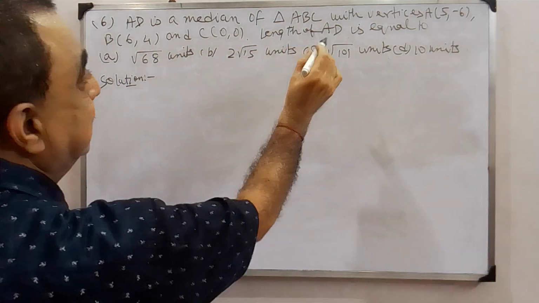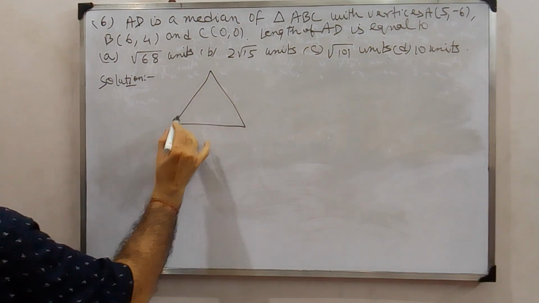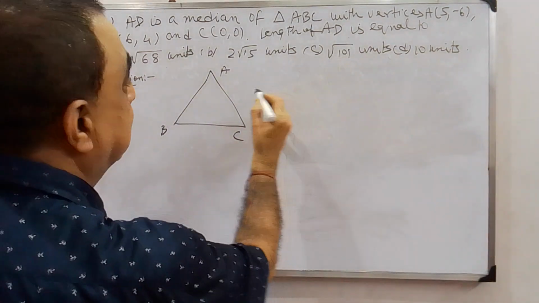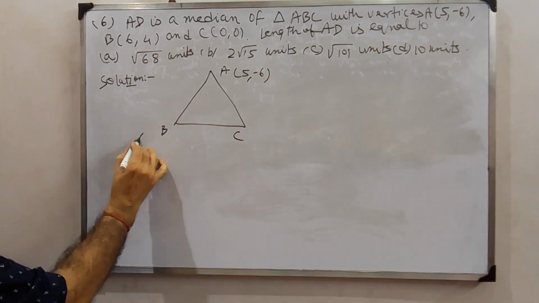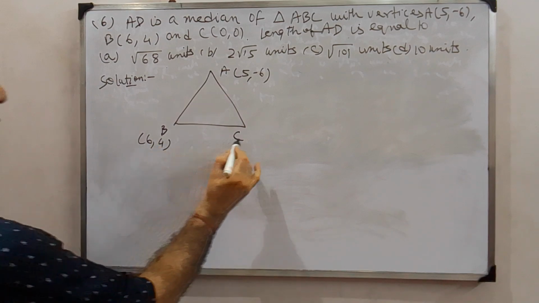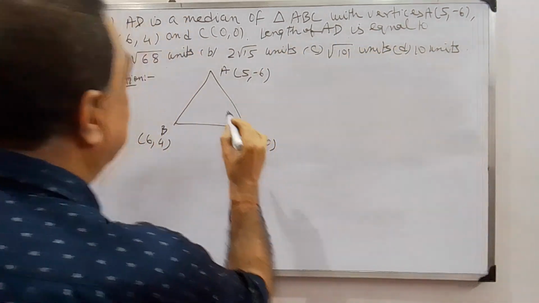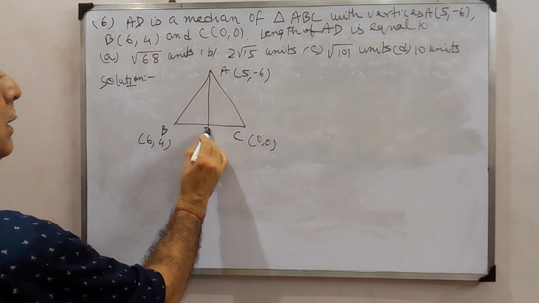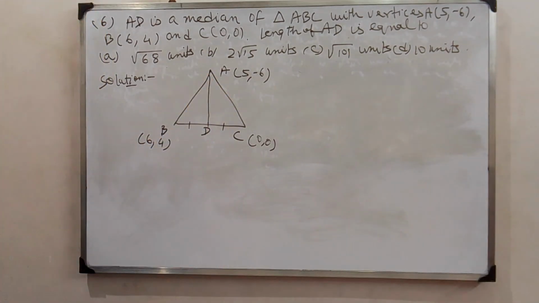Now see here, triangle ABC is given. The A vertex is (5, minus 6), B vertex is (6, 4), and C vertex is (0, 0). We have to find the length of AD. So join A with D, the midpoint of BC, so AD is the median.